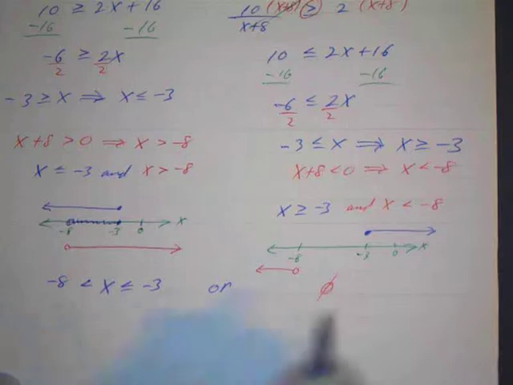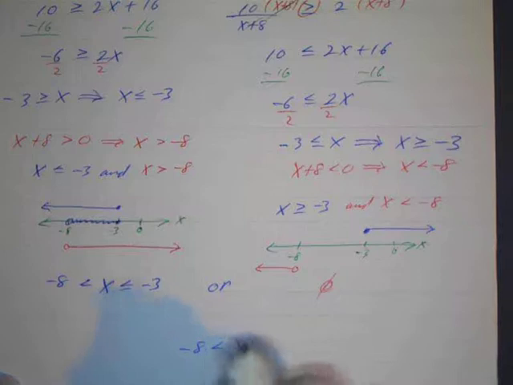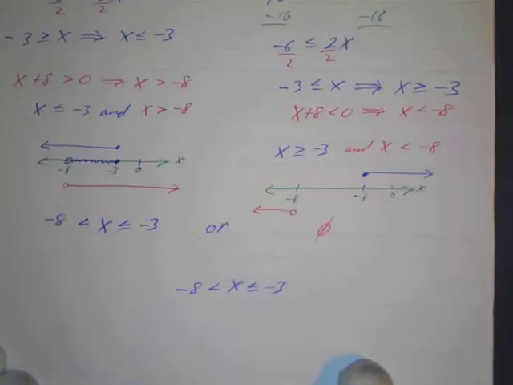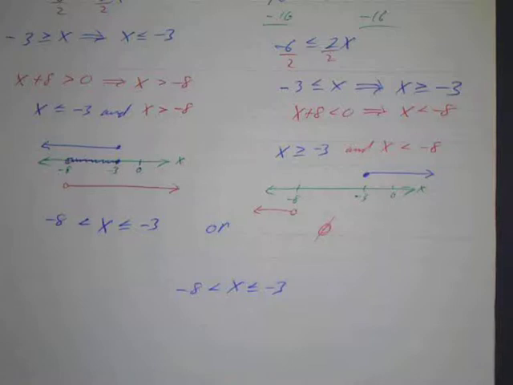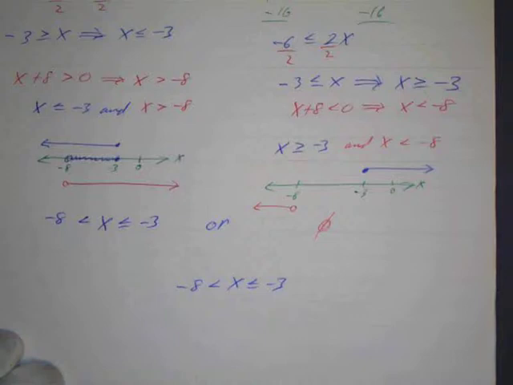So we have either this solution or this solution. Well, this is no solution, so that's our whole solution. So actually negative 8 less than x less than or equal to negative 3. So that's our solution. X is between negative 8 and negative 3, can be equal to negative 3 but not equal to negative 8. So if it's this or this, it isn't going to add anything because that's nothing, so it's that.